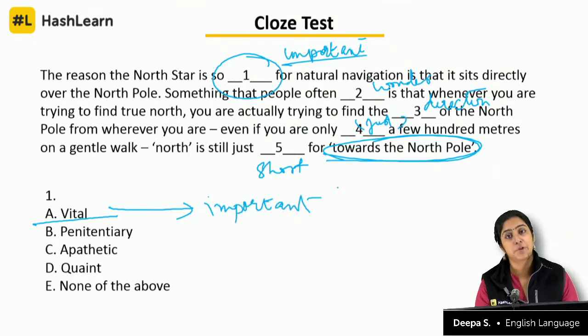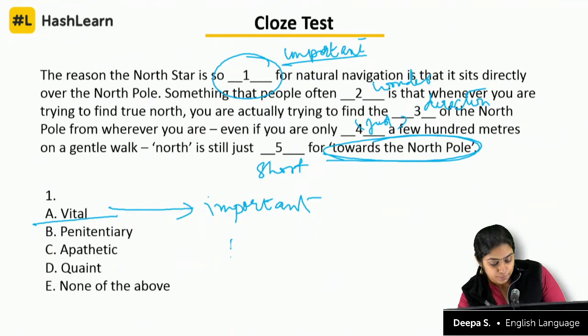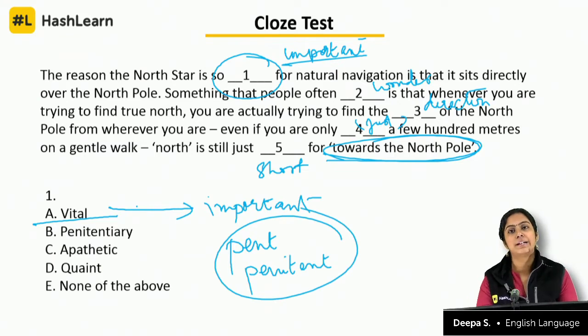So this is probably your answer, but that being said, let's just look at the other options. Then there is penitentiary. Now, penitent, all of this, they are root words for looking for pardon.